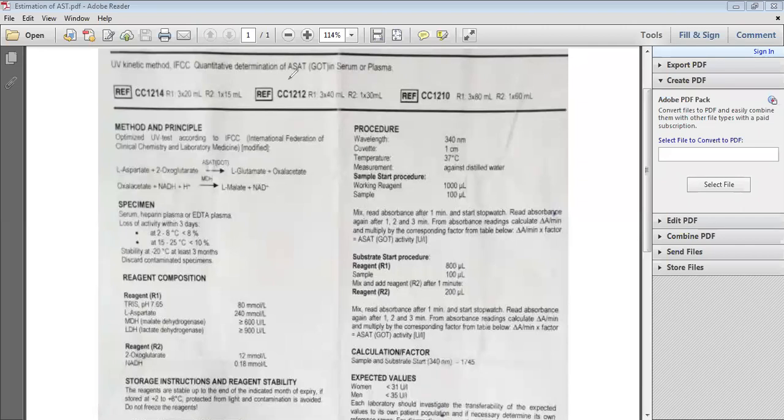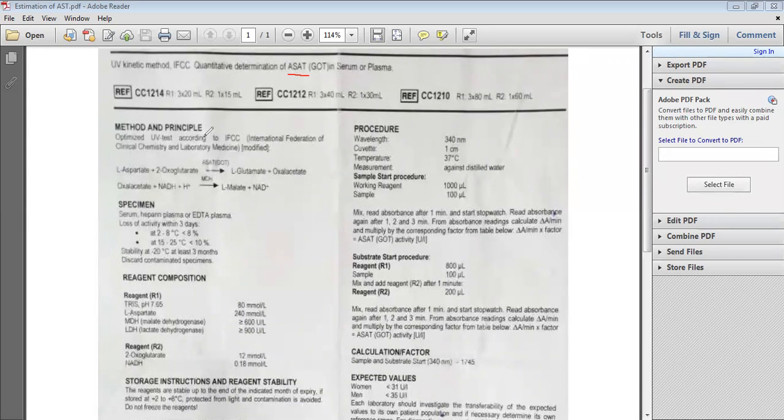It is also called ASAT, aspartate aminotransferase test, and there will be different designs which will be utilized to estimate aspartate aminotransferase activity.